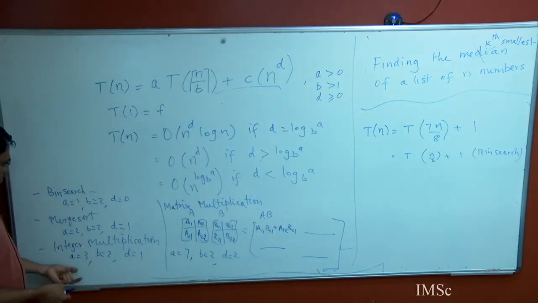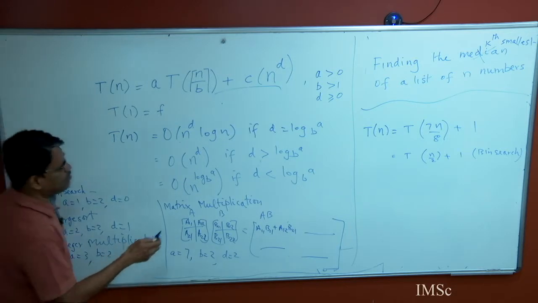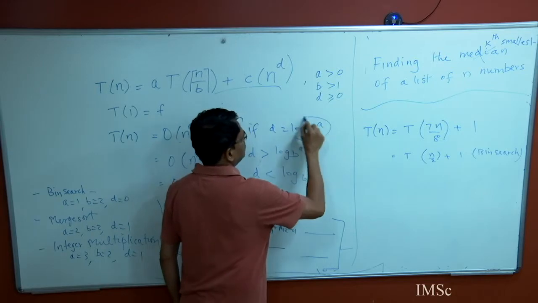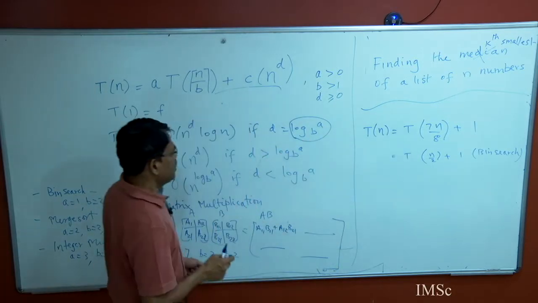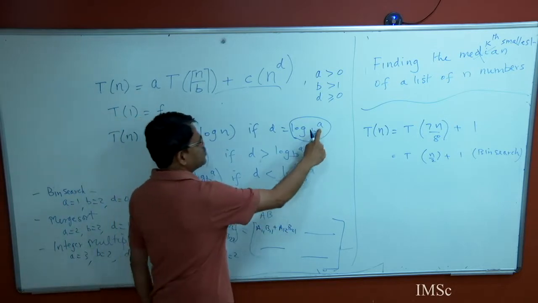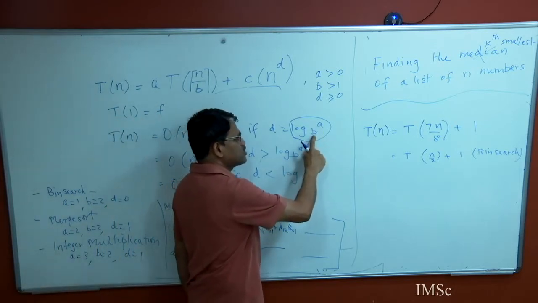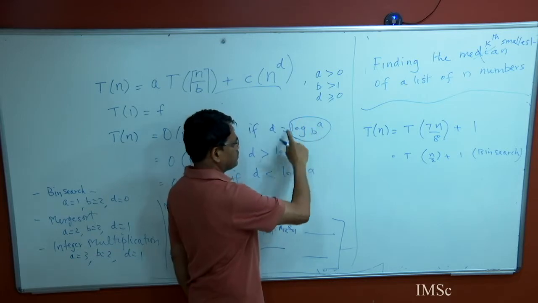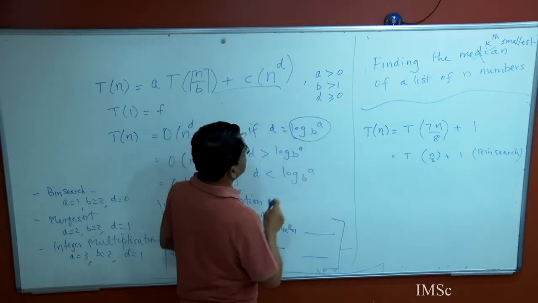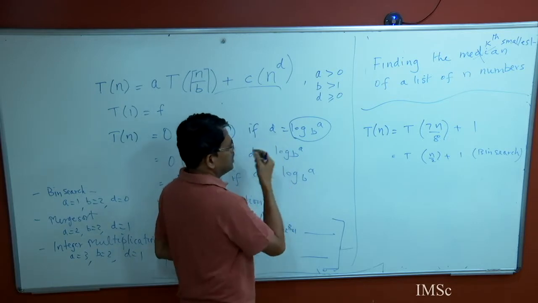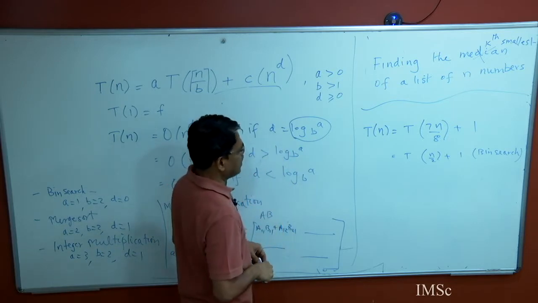So as long as I have slightly larger, because all I care about is log a to the base b, d for us is a constant. So log a to the base b, and a is 1. If b is 1, then this will be 1, and then it will be linear.